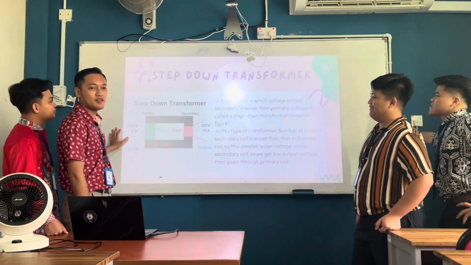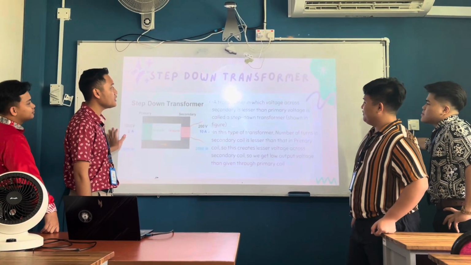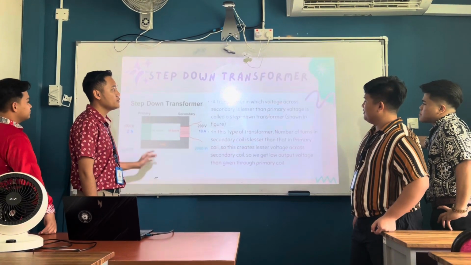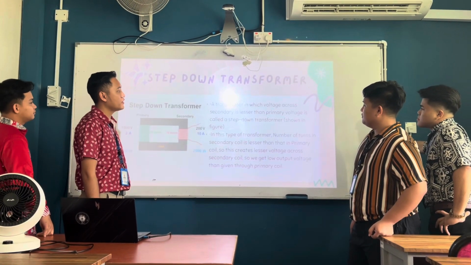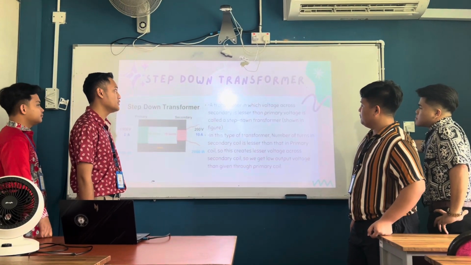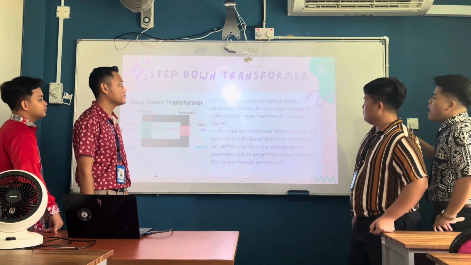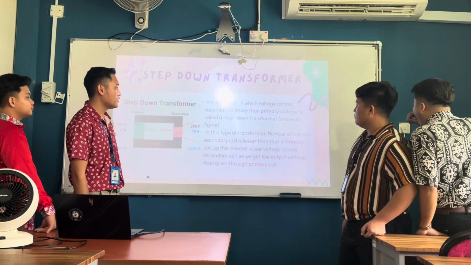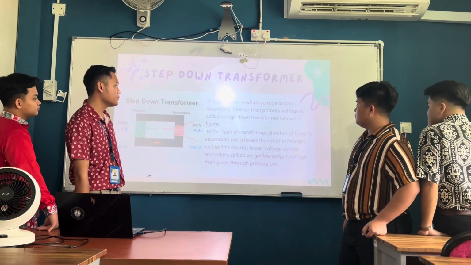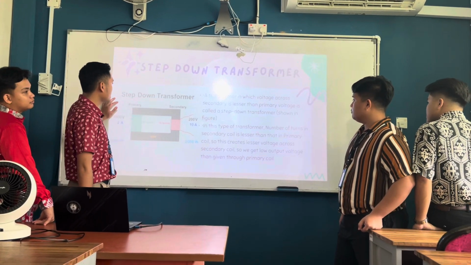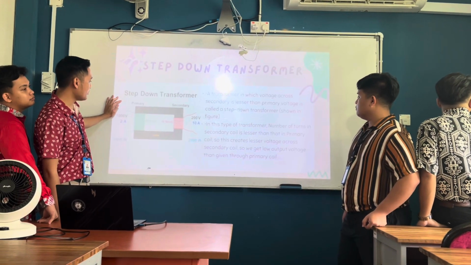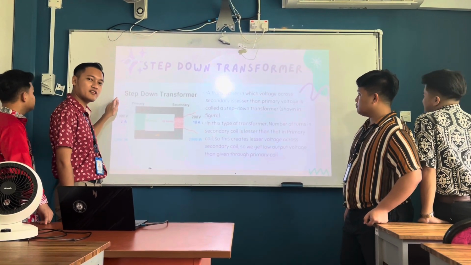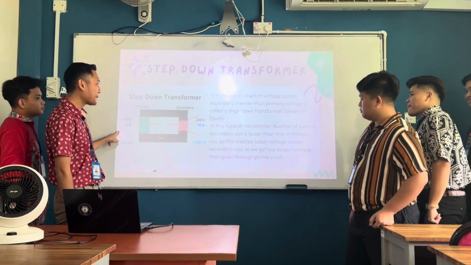This is a step-down transformer. A transformer in which the voltage across the secondary is lesser than the primary voltage is called a step-down transformer. You can see it in this picture.